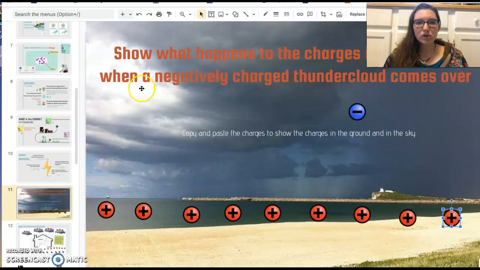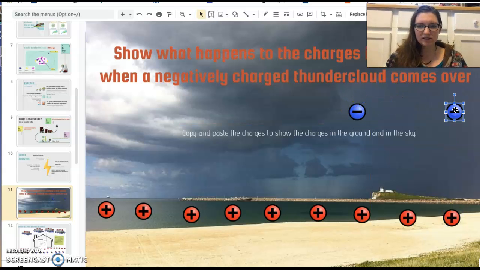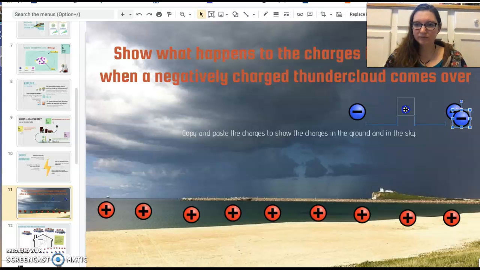And I'm going to show that this negatively charged thundercloud is like this. And the reason why it's negatively charged is because those charges separated, because thunderclouds are also triboelectric.